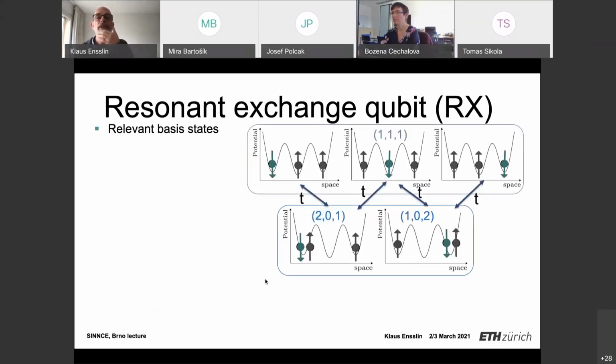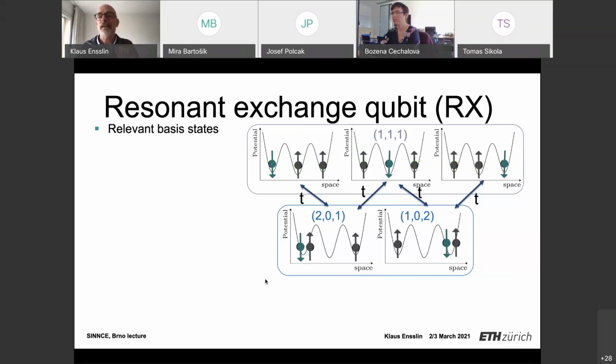So what we do is we do the following. Let's look at the top row here. Here we have down, up, up; up, down, up; and up, up, down. All of these 3 spin configurations have a total spin of 1/2 up. So the total spin for all of them is the same.